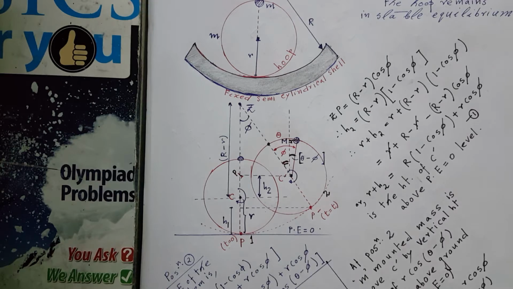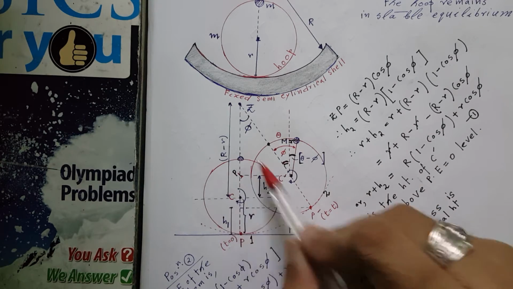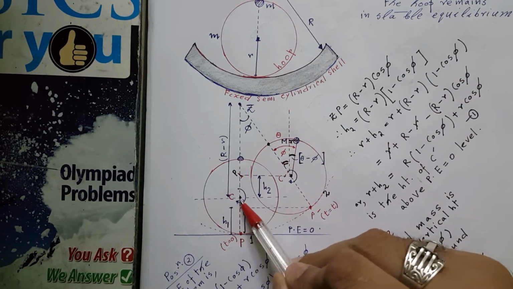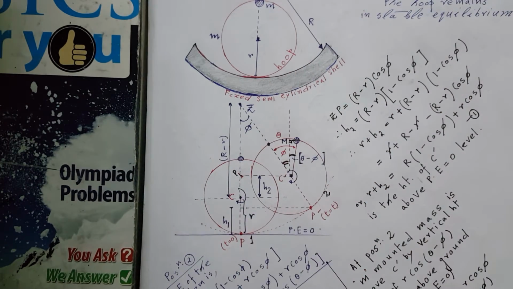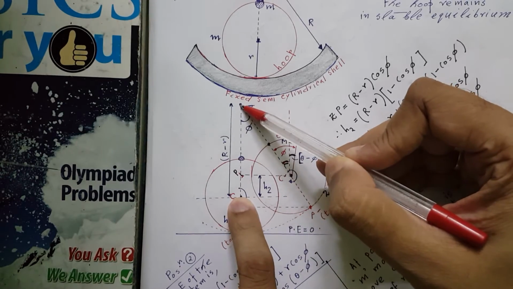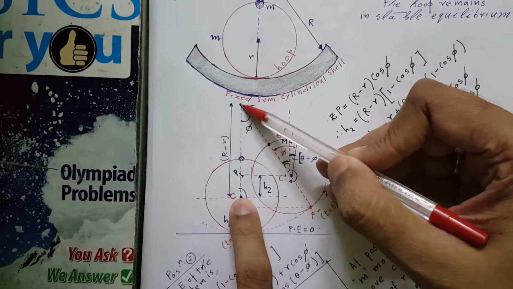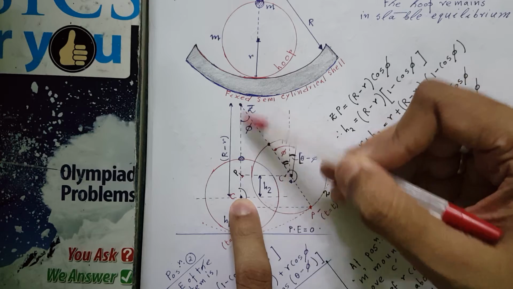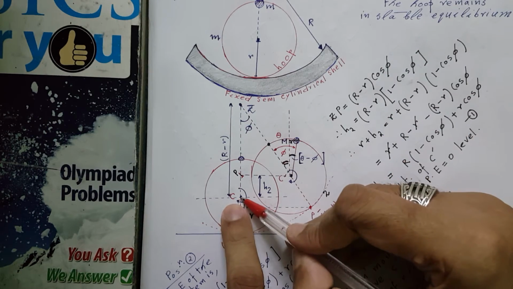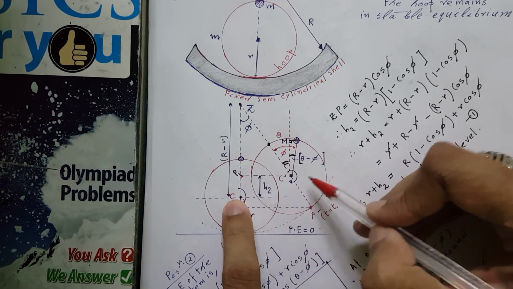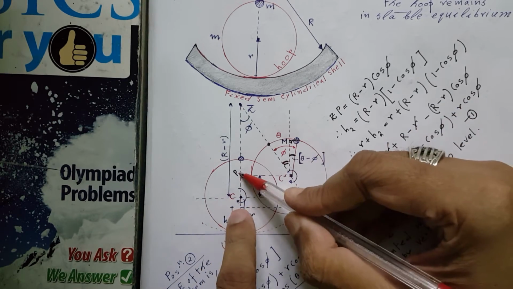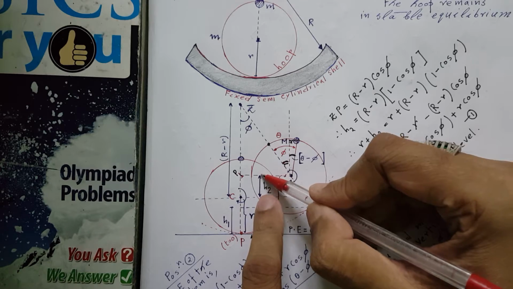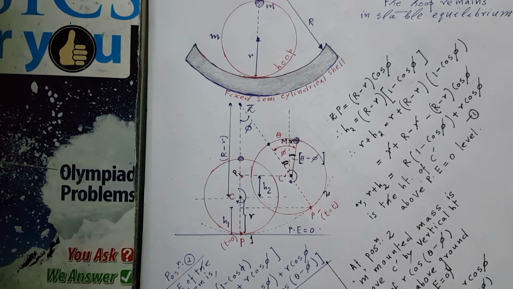Now see, the center of mass of the hoop has got elevated by this height. The center of the hoop and the center of the cylindrical shell are separated by distance capital R minus small r. So the center of mass of the hoop definitely got elevated by this height. If I call it h2, then h2 is (R minus r) times (1 minus cos phi).